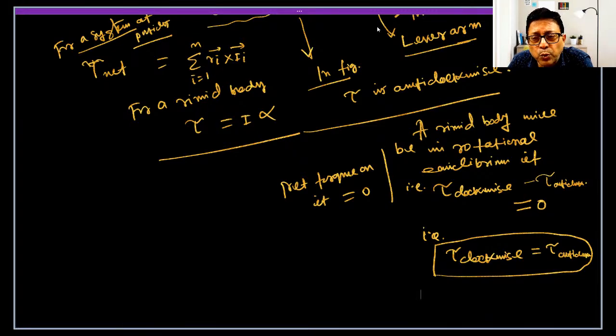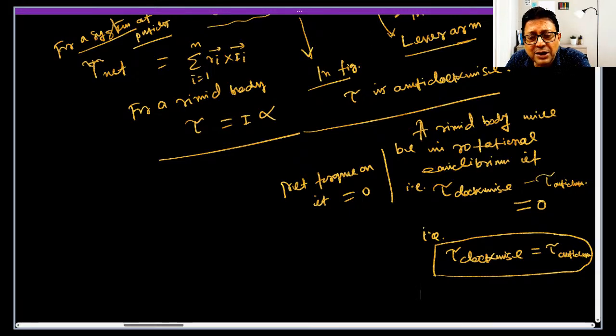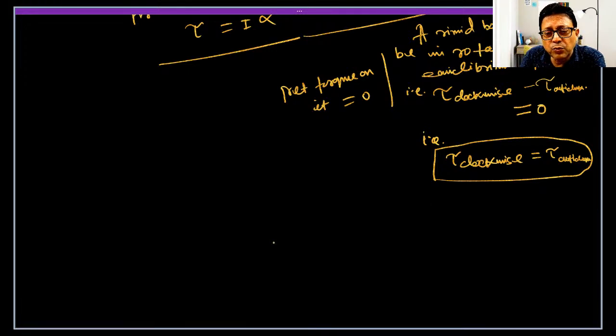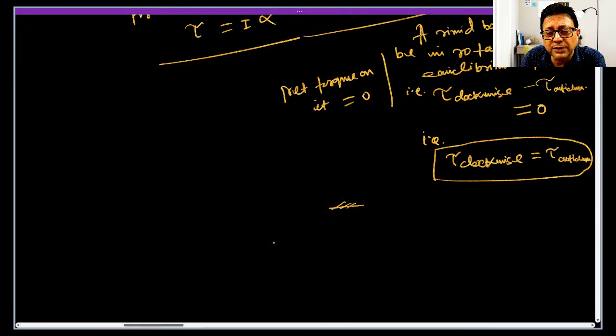So now we are going to work on it. Before we start the textbook type of sums, I just ask you one very simple question. A pendulum bob is there.